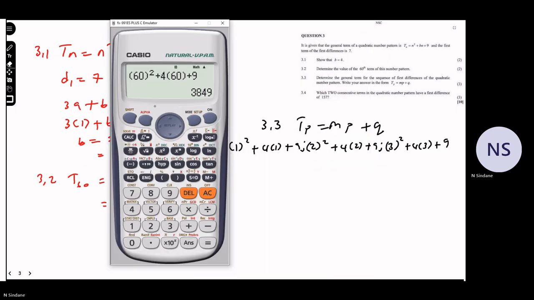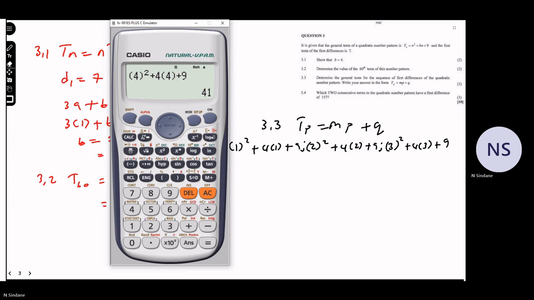Substituting 1 gives me 14, the second one, 2, gives me 21, the third one, 3, gives 30, and the fourth one, 4, gives 41.